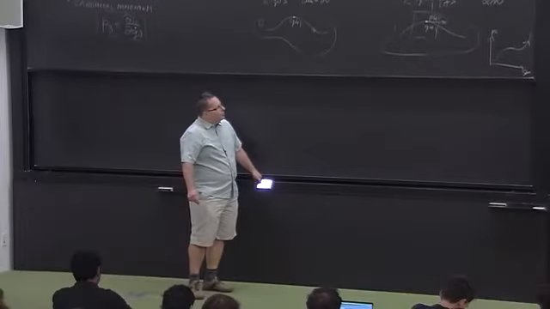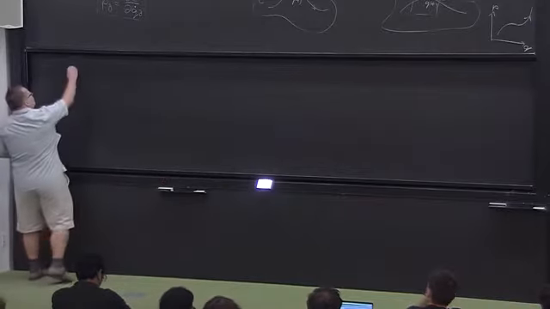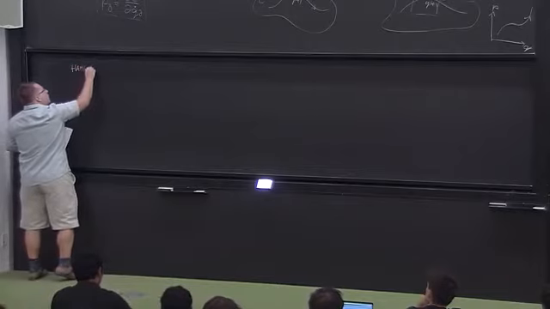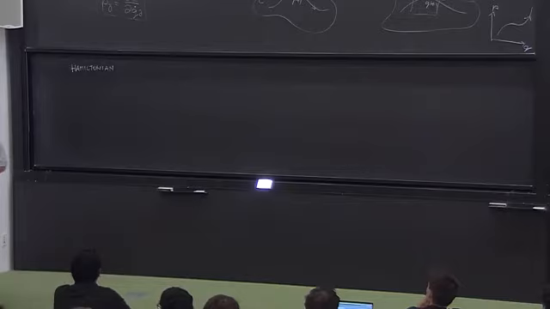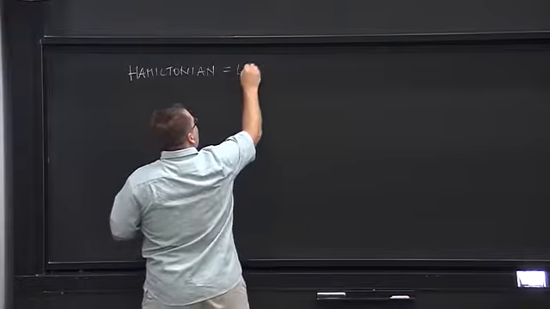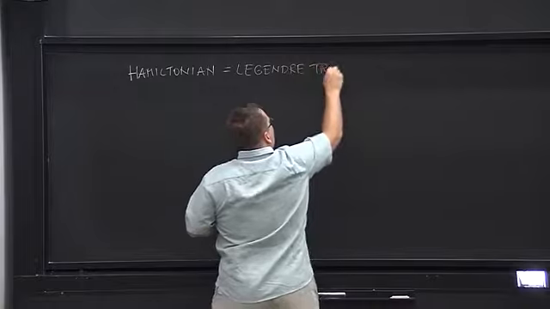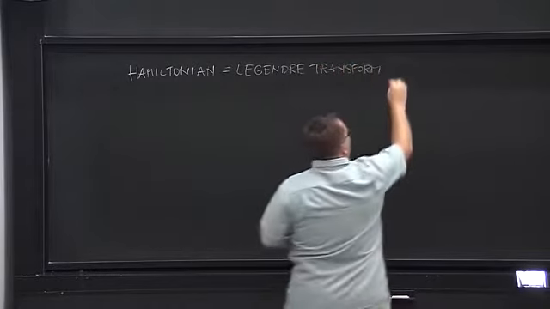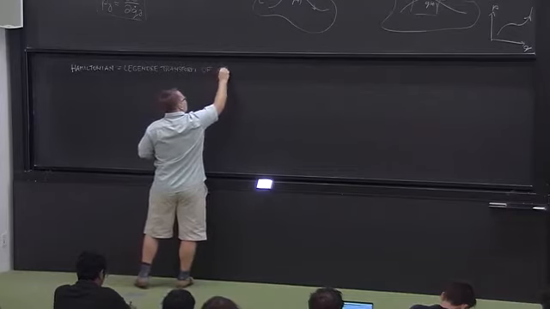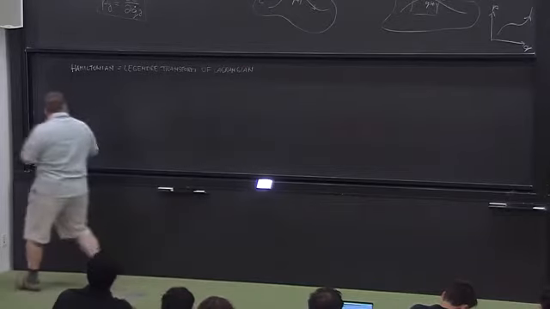Phase space is a much nicer quantity because it carries the information about what the actual physical state is. Now, because we are starting with the Lagrangian description and then proceeding to the Hamiltonian one, the Hamiltonian is simply defined as the Legendre transformation of the Lagrangian, and there is this well-known formula.